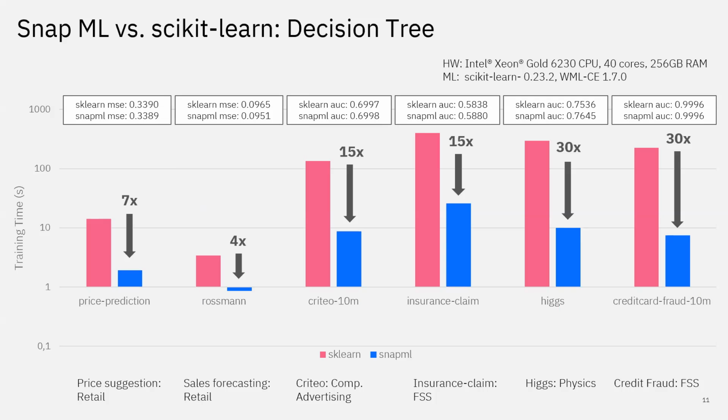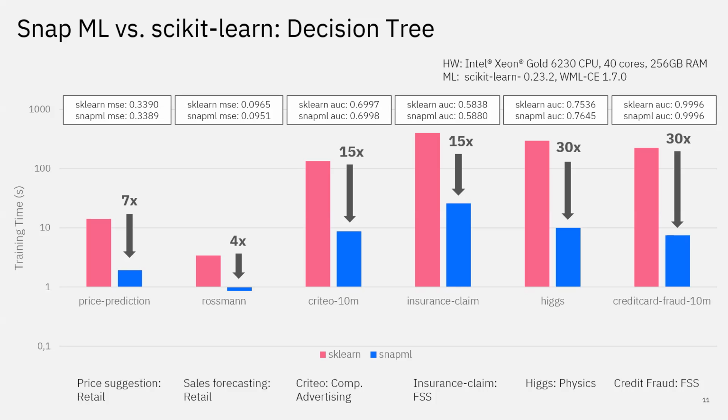So again, a similar benchmark, again CPU only, but this time the decision tree algorithm from SnapML, comparing scikit-learn as well as SnapML. Here again, we see 6 data sets, corresponding to domains like retail, advertising, and financial services.